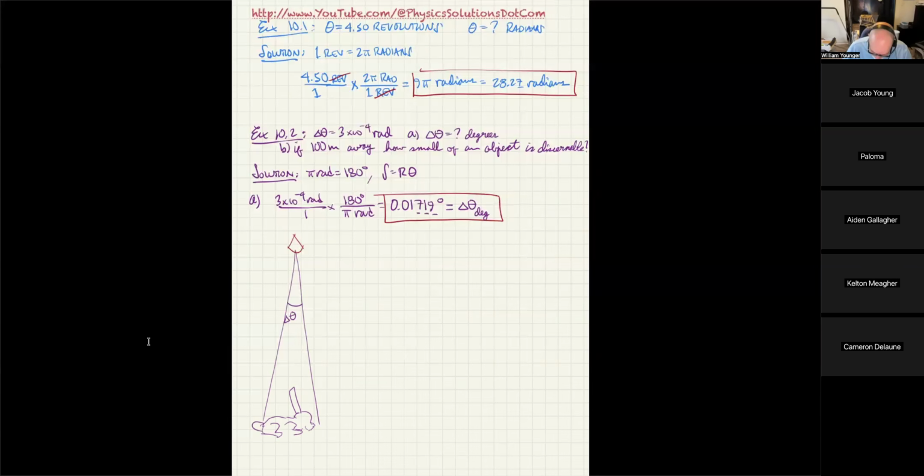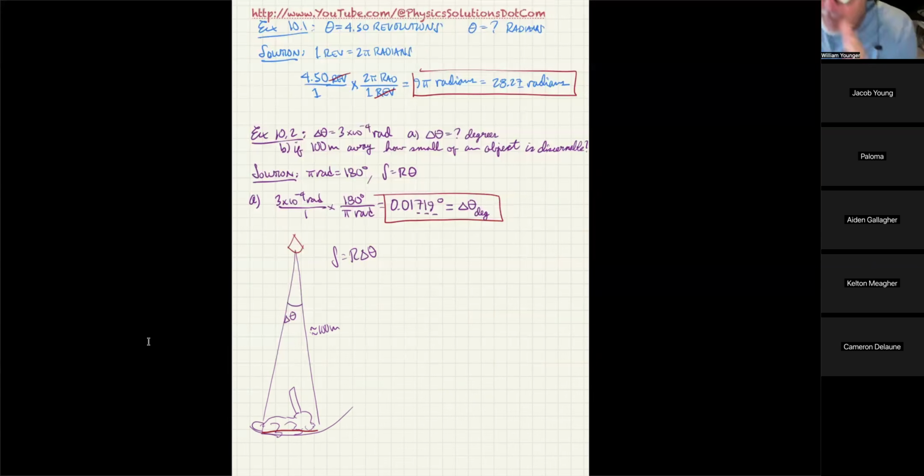Okay. So what you can realize is that this is about 100 meters and that S is equal to R times delta theta. Now, S is that arc length, whereas the actual chord length is what we want to know as far as the size of the bunny rabbit or whatever.